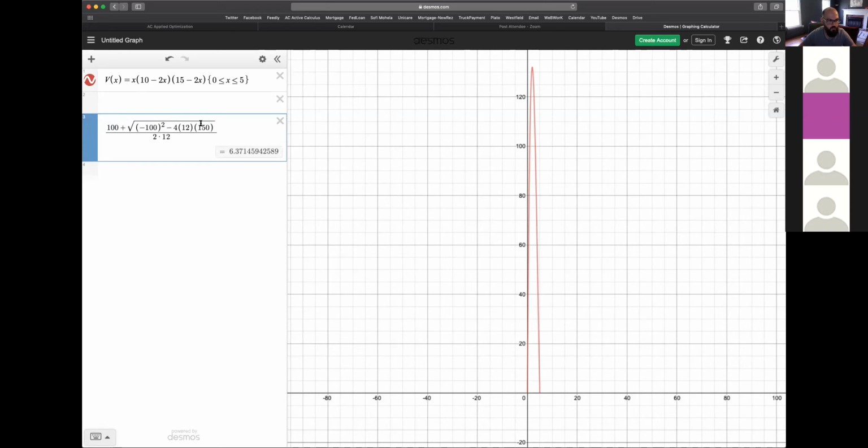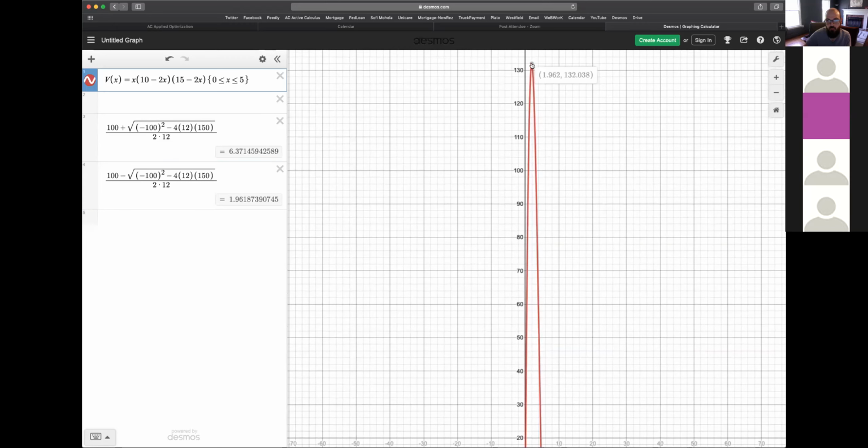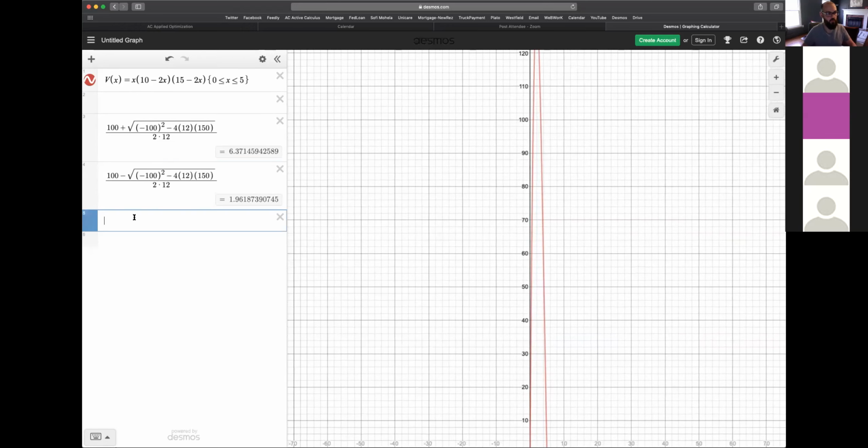We had these two numbers, and using them we see that one of them is 6.37 and the other one is 1.96. So this is how I would get my optimal value, 1.96. It came out of this quadratic formula.